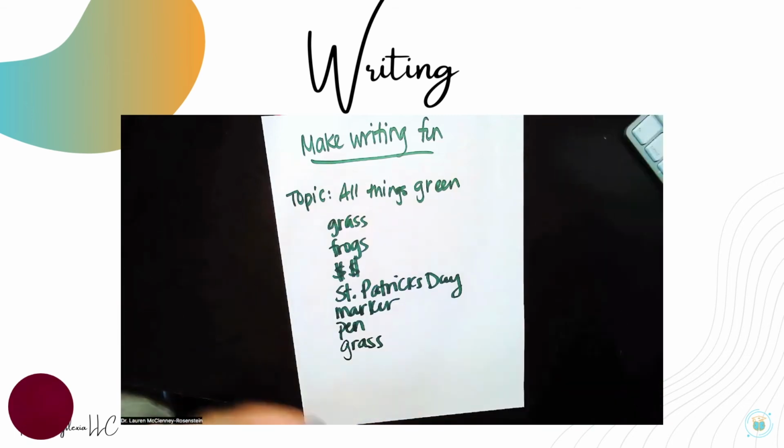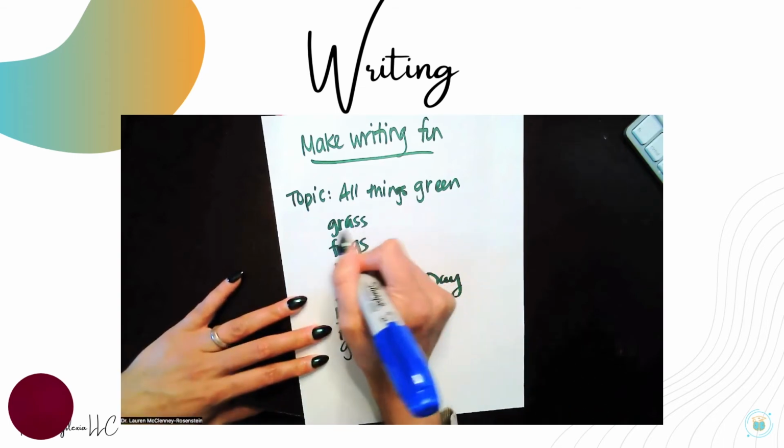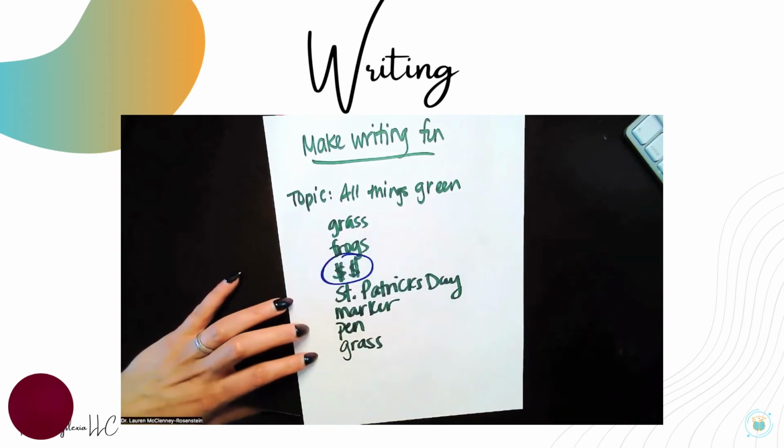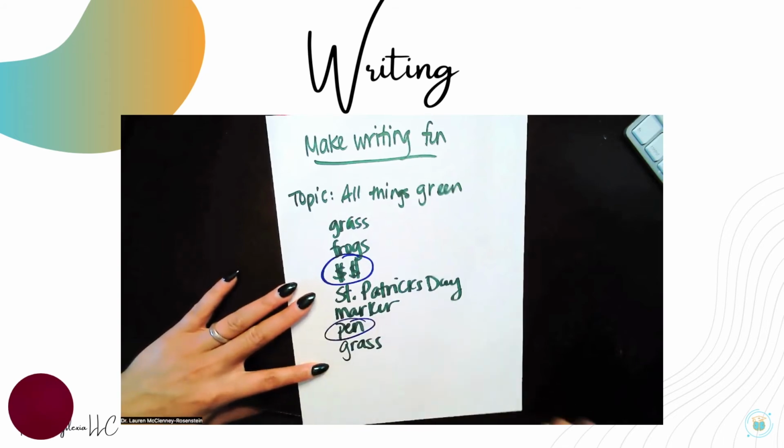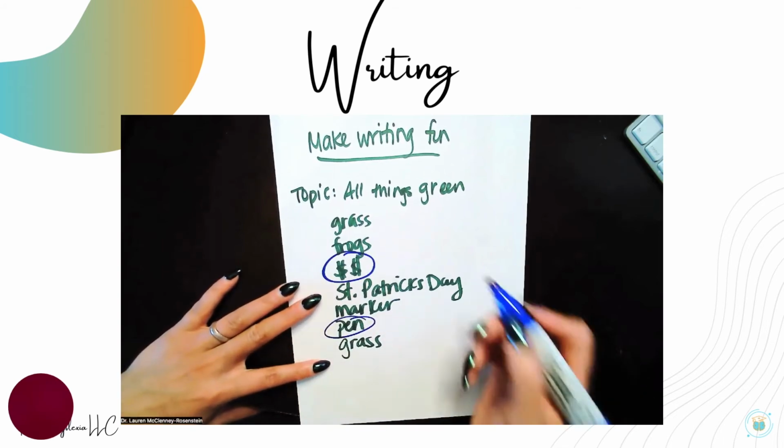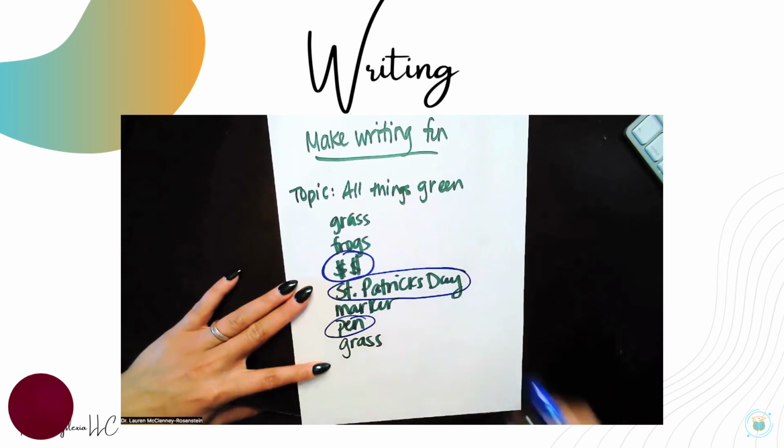Now, step 2, you want them to find 3 things that they can expand on. That's all we're focusing on right now. What's something that you feel you can really expand on? And when I say expand, I mean you can write about it. Well, I can write about money. Cool. I can write about a pen. Awesome. I can also write about St. Patrick's Day.